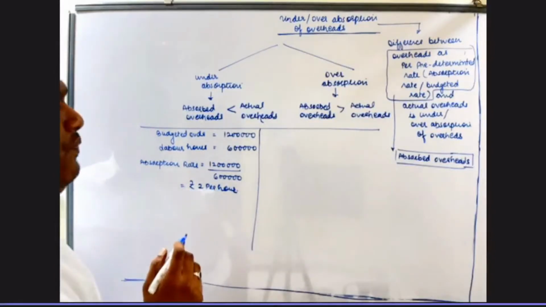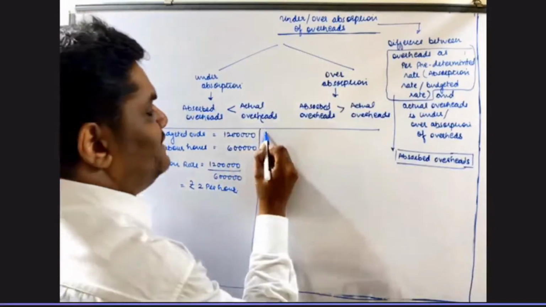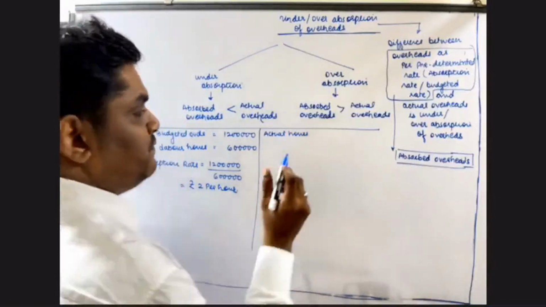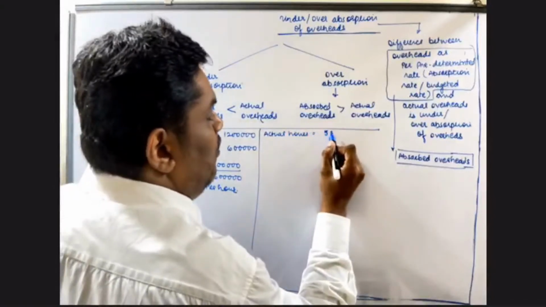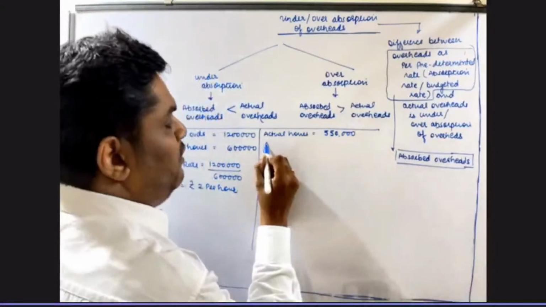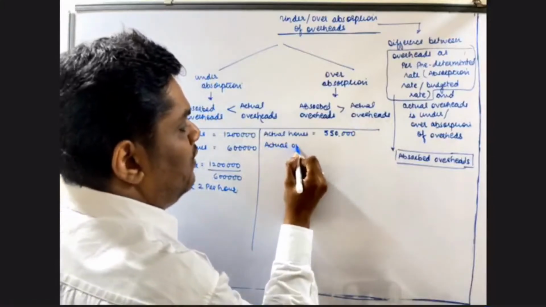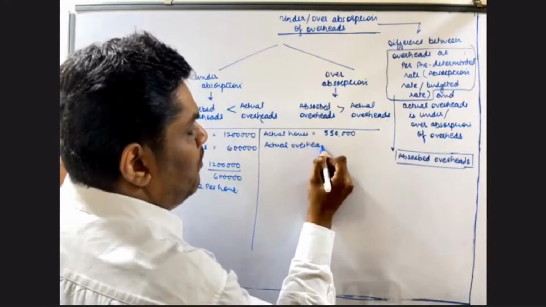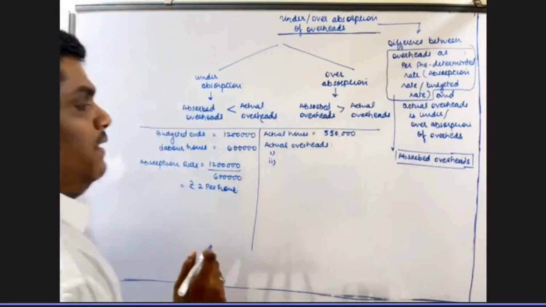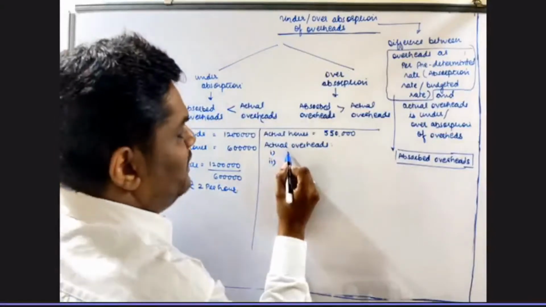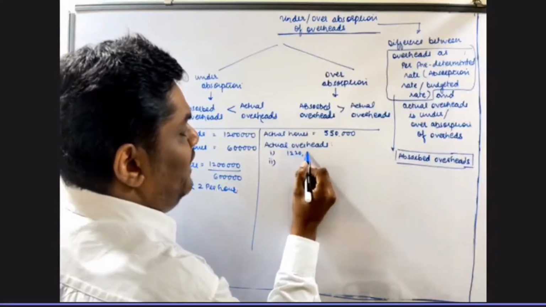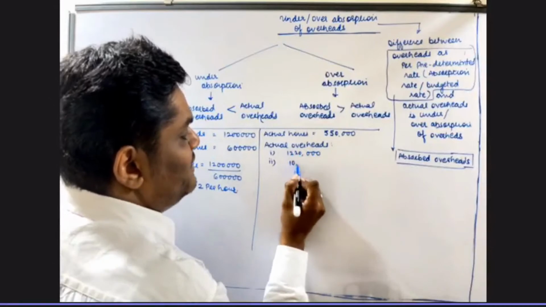Now, when talking about the actual data, let's say actual hours were 5,50,000 hours. And further, when talking about actual overheads, let's say in first case and second case. In first case, let's assume that the actual overheads are 12,20,000. And in second case, let's say actual overheads are 10 lakh.